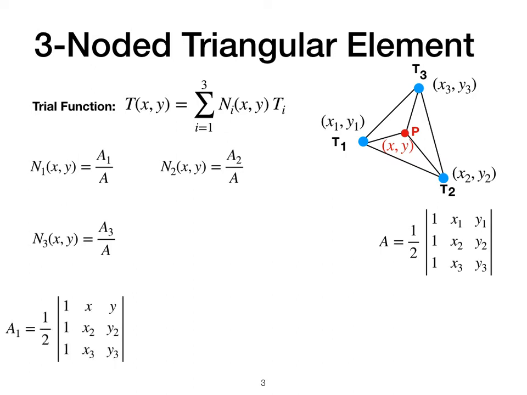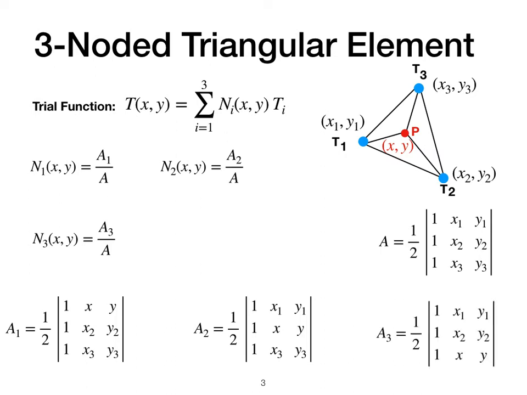A1 is the area of the triangle made by point P and points 2 and 3. Similarly, A2 is the area of the triangle made by points 1, P and 3. A3 is the area of the triangle made by points 1, 2 and P.